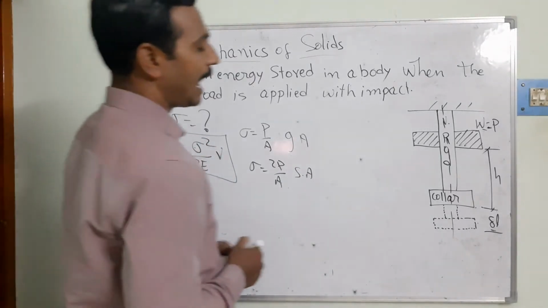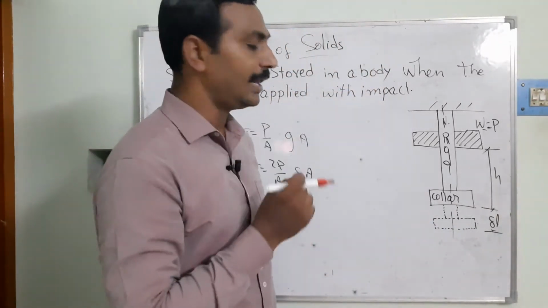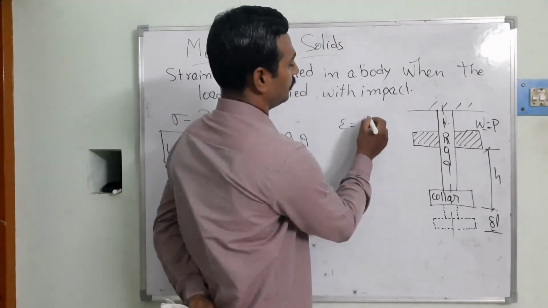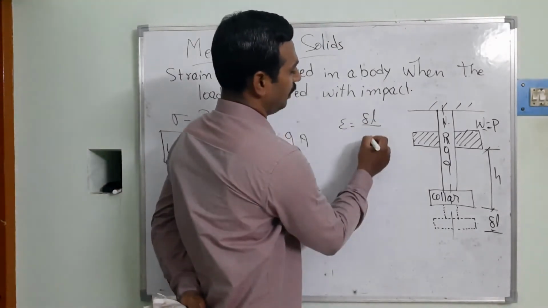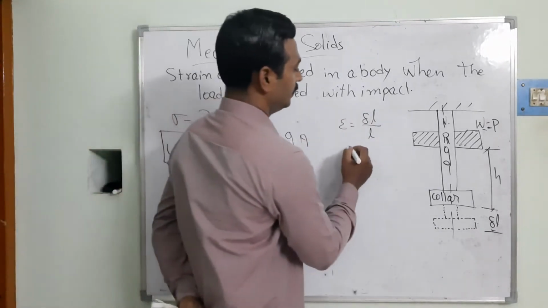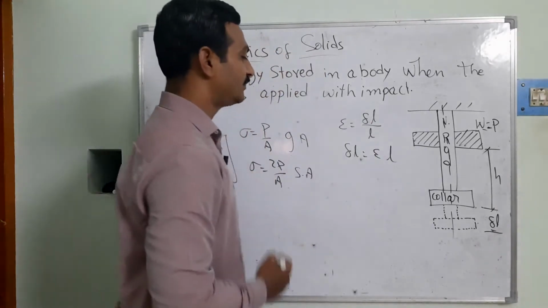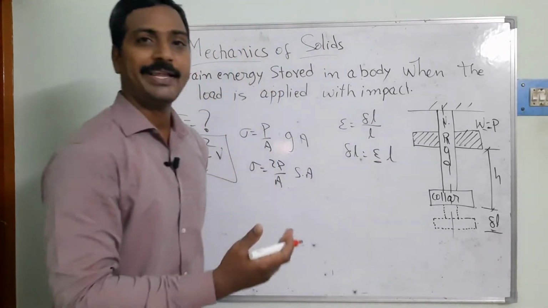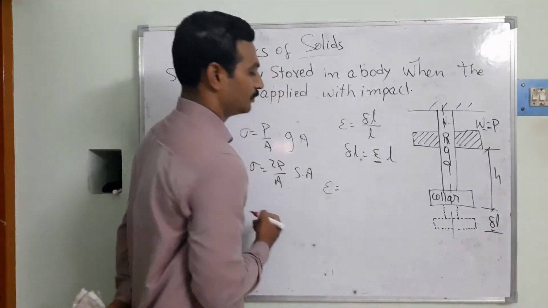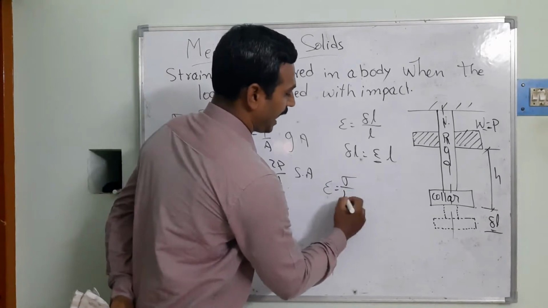First of all, I am going to consider del L, right? We know the strain is equal to the change in dimensions to the original dimensions of the component, that's del L by L. So del L is equal to epsilon into L. As we know, we can write the strain in terms of the stress: the strain epsilon is equal to the stress by Young's modulus.